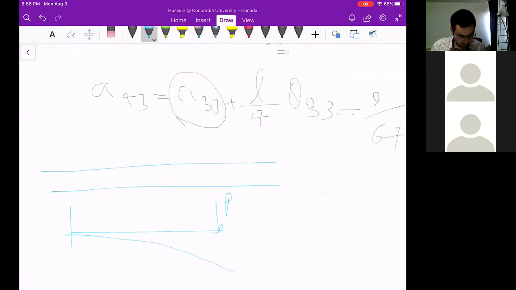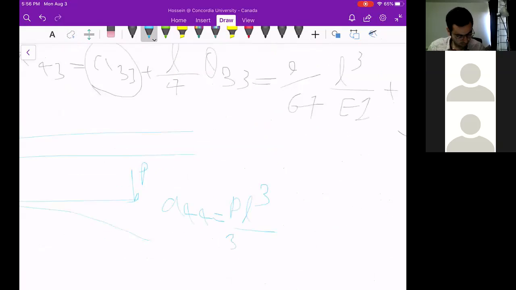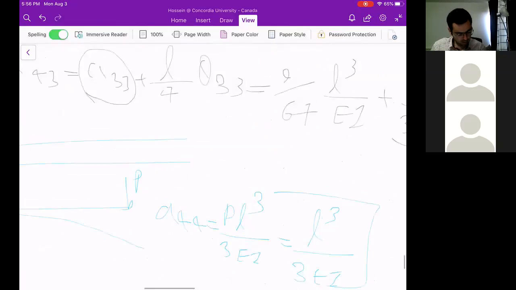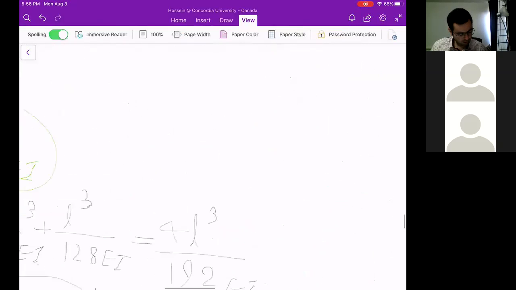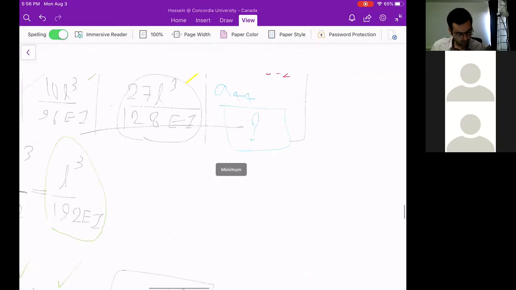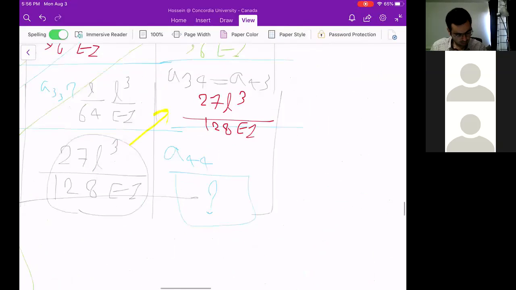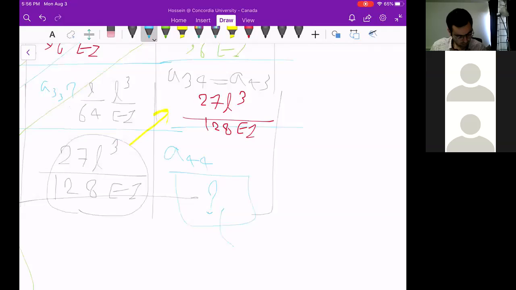So A44 simply is PL cube over 3 EI. So this is how you have to fill out this matrix. The last one, L cube over 3 EI.